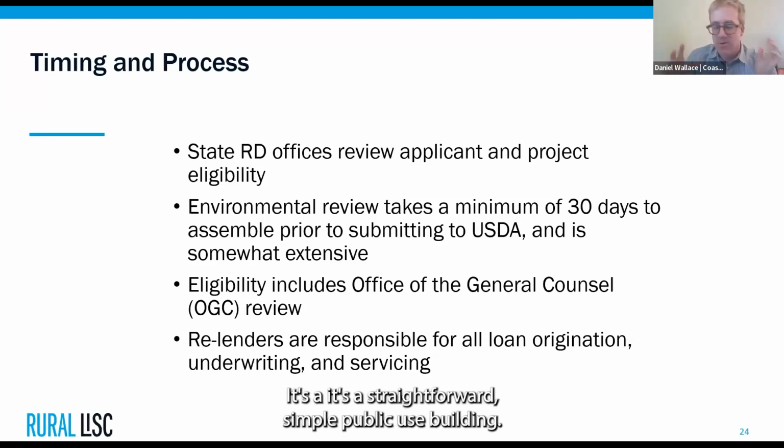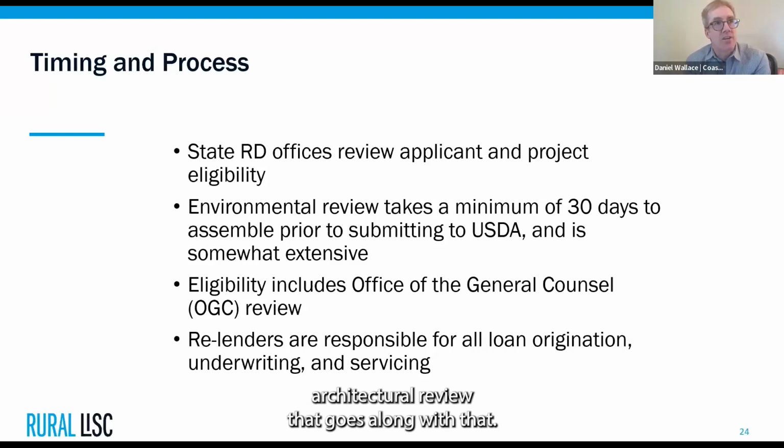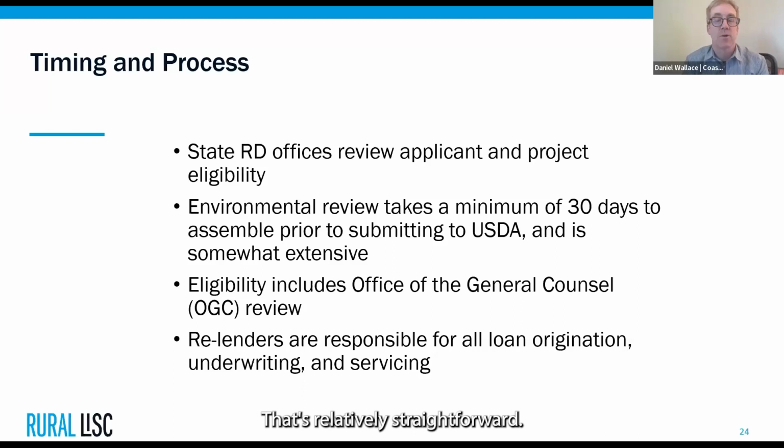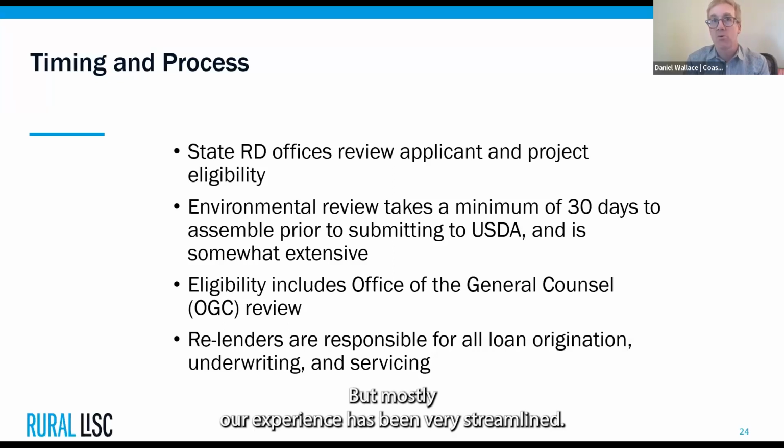It's a straightforward, simple public use building. And there is something called a PAR, preliminary architectural review, that goes along with that. That's relatively straightforward. I say that, but on some projects, the USDA's architect will dig in and ask some questions, but mostly our experience has been very streamlined there.